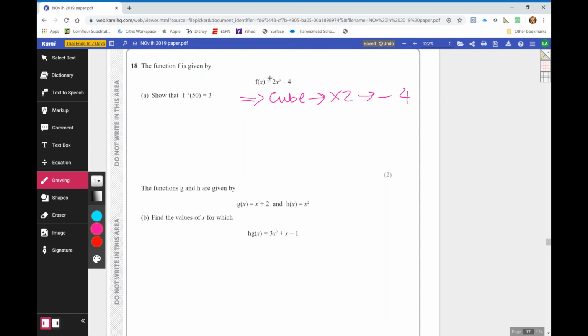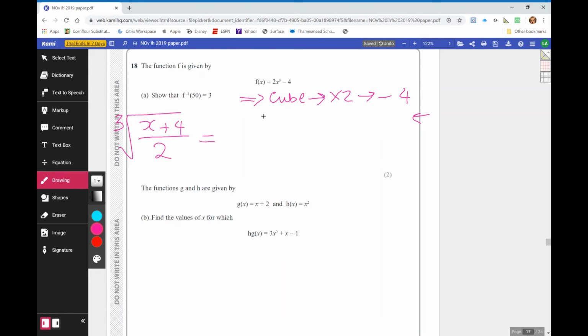Now inversely, if you put x in inversely, you're going to have x, you're going to minus 4, then divide by 2, then cube root it, because that's all the opposite. It's going literally backwards through this. Oh, sorry, add 4. Add 4, divide 2, and then cube root.